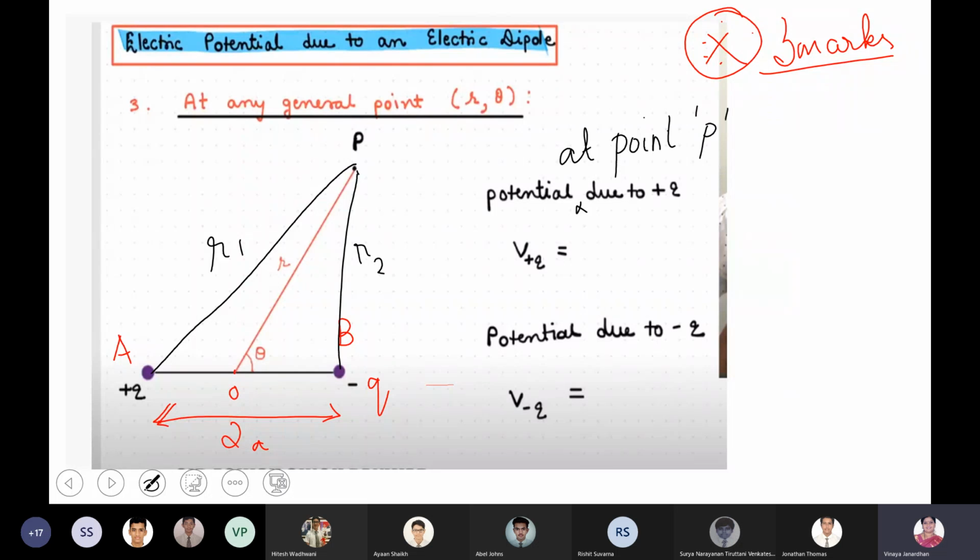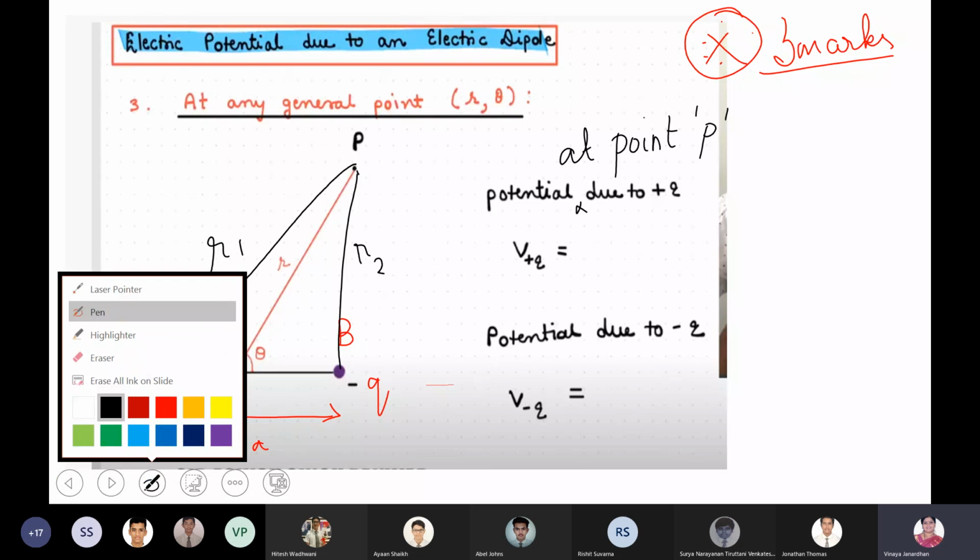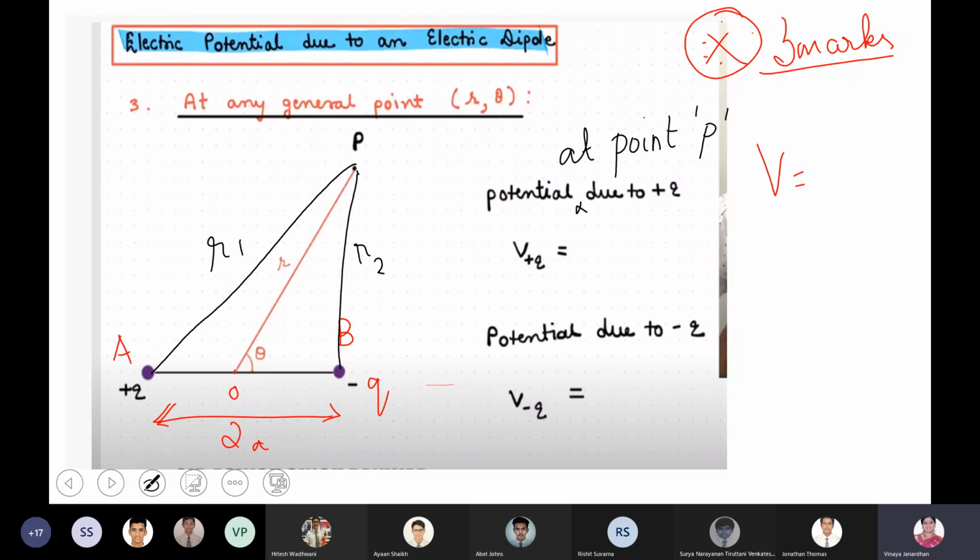Tell me, boys. Due to plus Q, what was the general formula, boys? V is equal to KQ divided by x, correct? This is the general formula.